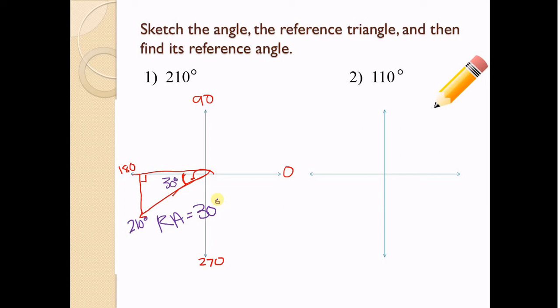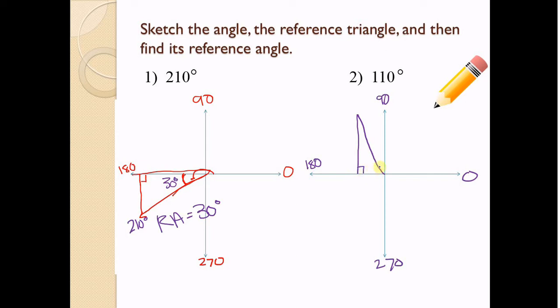Okay? So let's try 110. So I have a 0, I have a 90, I have a 180, and I have a 270. 110, that's closer to 90, right? So right here. Now, this is when you're going to be very tempted to make the perpendicular going that way. We want to go to the x-axis. So you need to drop it from there down, okay?